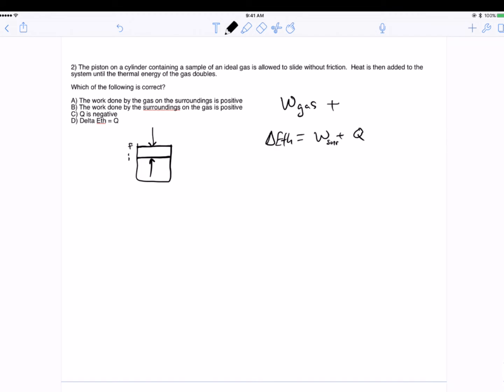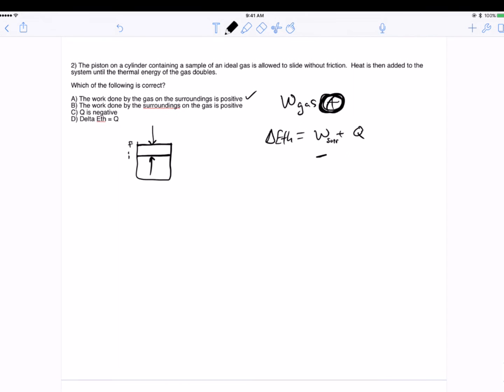It looks like it's in the direction of the force from the gas. So it must be that this W, the work done by the surroundings on the gas, is negative. And the work done by the gas on the surroundings is positive. So we see that option A is correct.